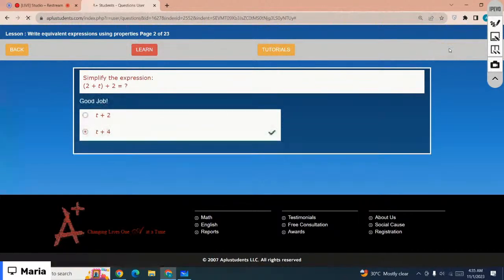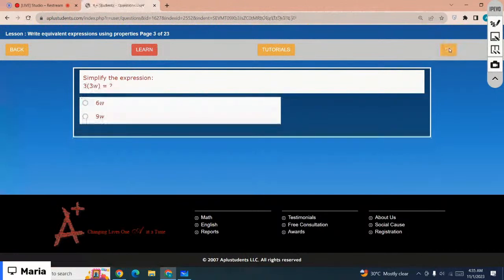Very good. Okay, the next one is simplify the expression. So, which is the correct option? The correct option is very good. It is 9w.